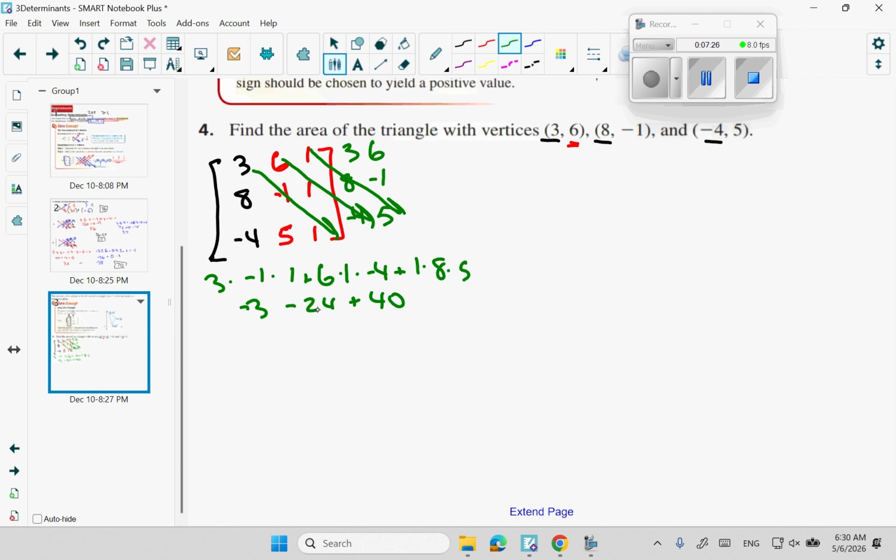Negative 3 minus 24 plus 40 would be positive 13.